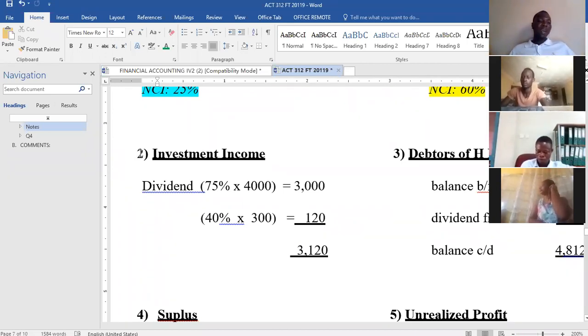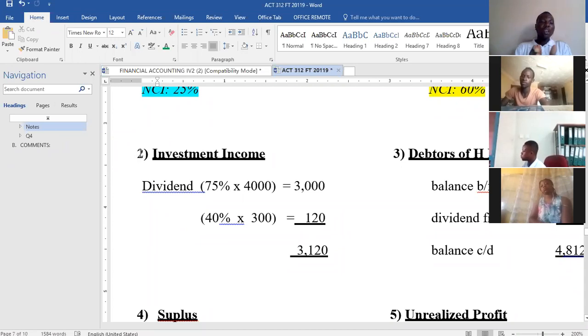You should bear in mind that H is having 75% of the ordinary shares, and so whatever dividend will be declared, he is entitled to 75% of it. He is having 40% of the preference shares, so whatever preference dividend will be declared, he is having 40% of it.